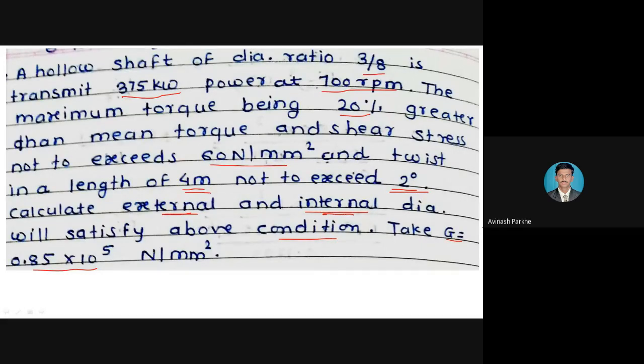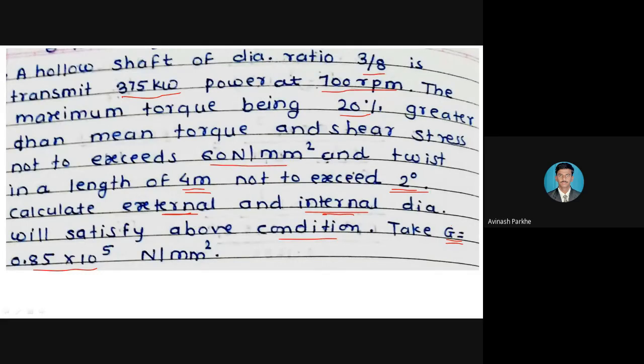And the modulus of rigidity capital G is equal to 0.85 into 10 raised to 5 Newton per mm square. That means G is given, so we have to calculate the diameters by using formula number 1, T upon J is equal to tau upon R. Why tau? Because shear stress 60 Newton per mm square is also given.